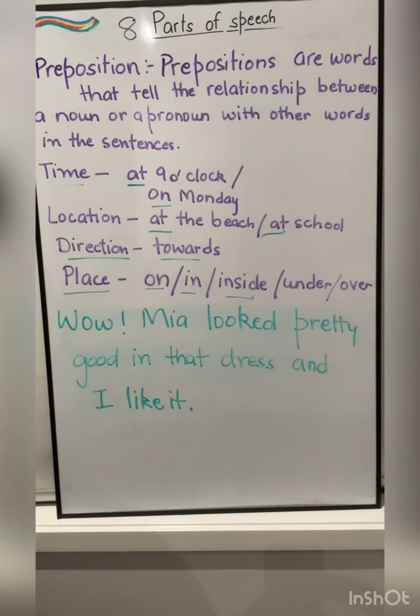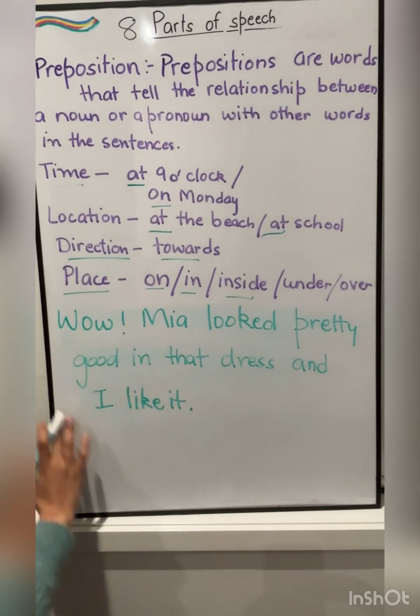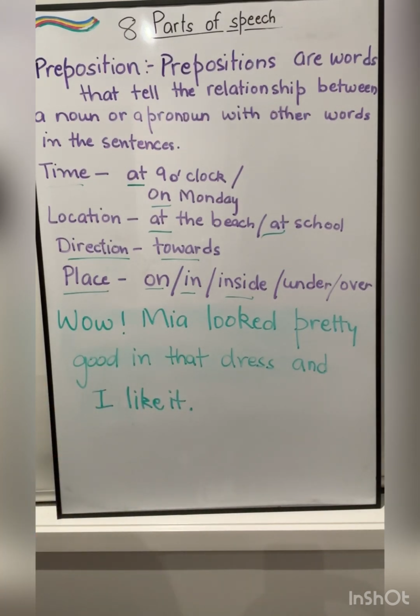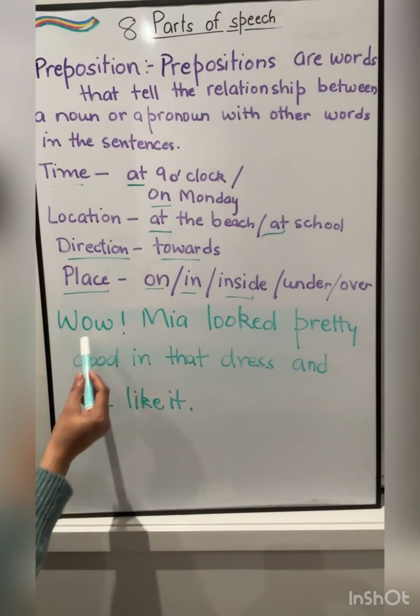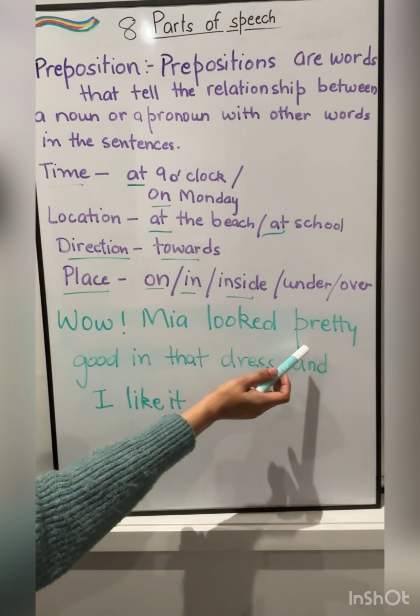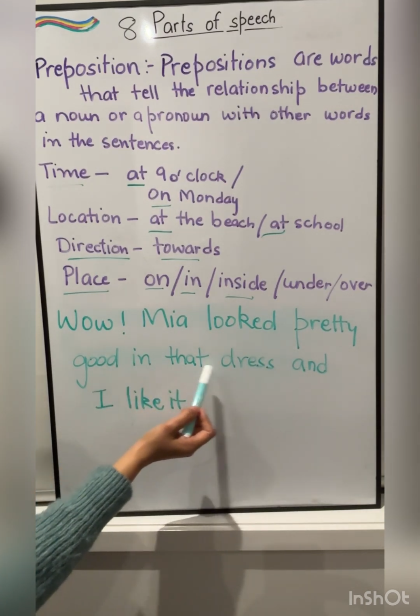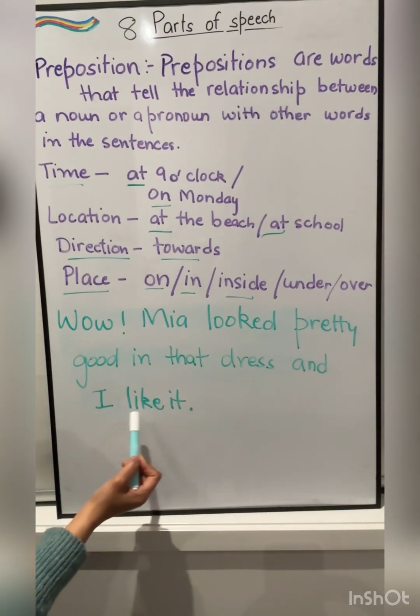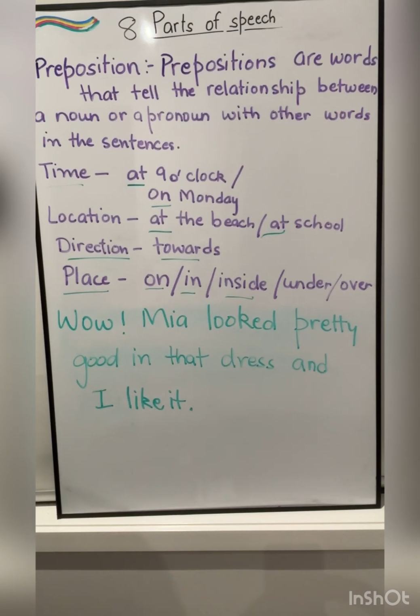Now, to wrap up everything, I have used all the parts of speech in one sentence, just to give you an idea: Wow, Mia looked pretty good in that dress, and I like it. Pretty simple. Wow is an interjection.